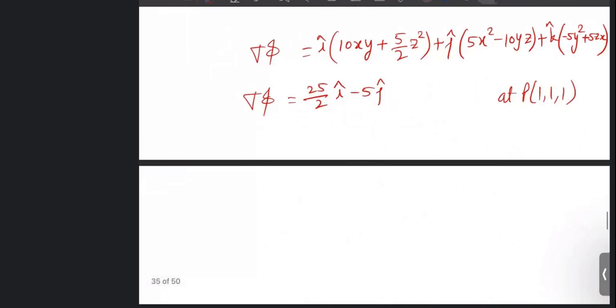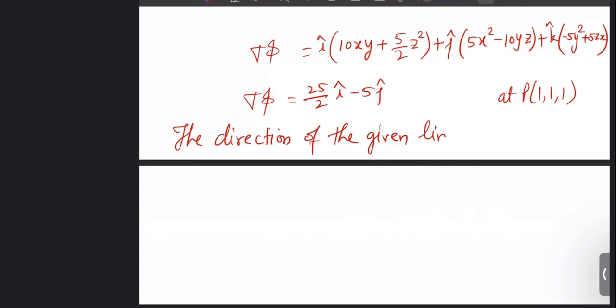So let the direction of the given line be A equal to 2i minus 2j plus k.